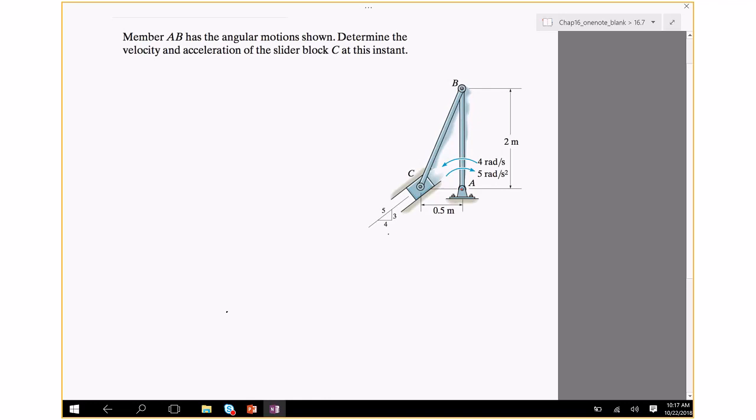That's the angular acceleration, which is clockwise, and then omega, which is the angular speed, is counterclockwise. So I'll call that omega AB, alpha AB. Determine the velocity and acceleration of the slider C. Okay, we want to find the acceleration and the velocity of the slider.